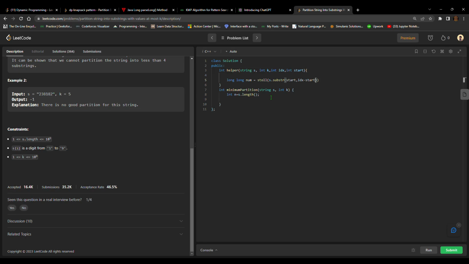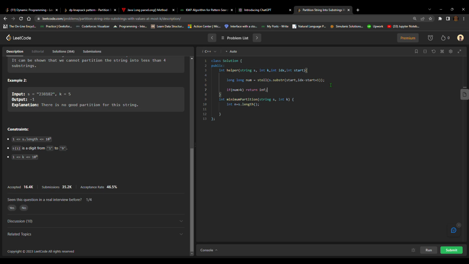The second parameter takes a length. If I had given this parameter as x, the function would go from start up till x minus 1, and if I want up till x, I would provide plus 1. Okay, if at some moment my num goes greater than k, then I know that is a very bad condition for my answer, so just return a value that is infinite.